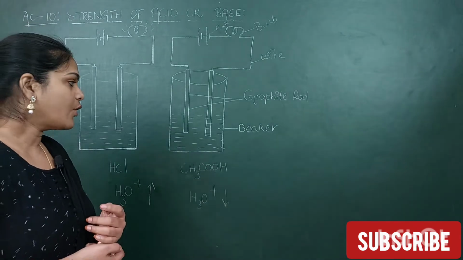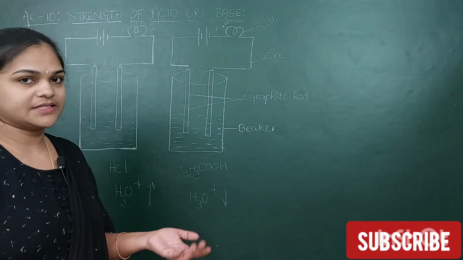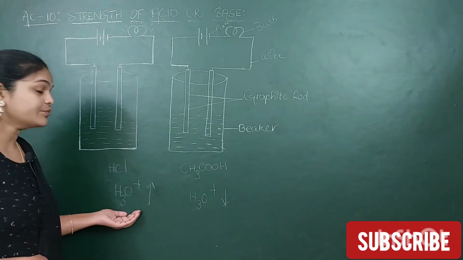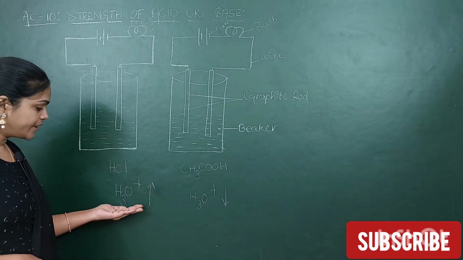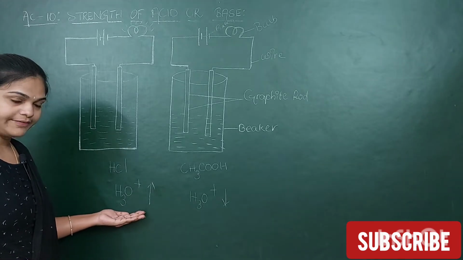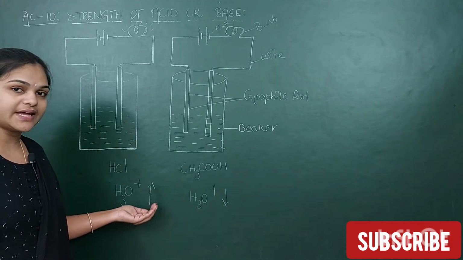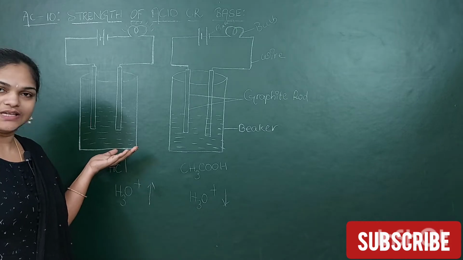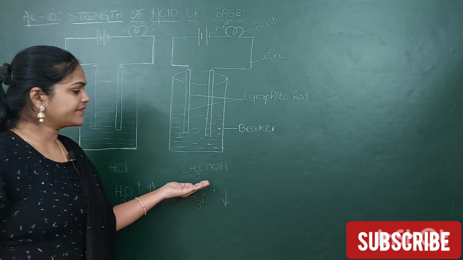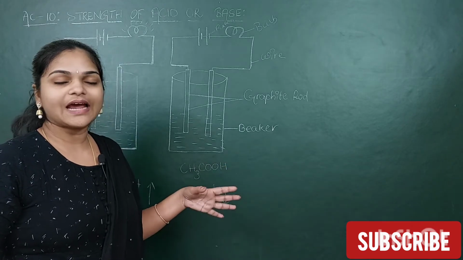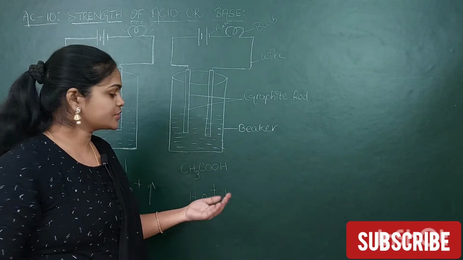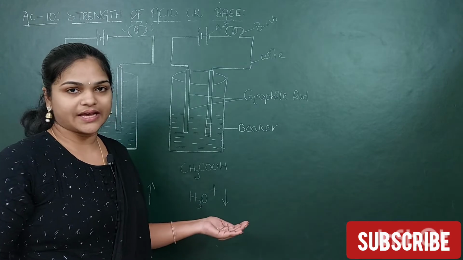How can we say the strength of these acids? Here we have more H3O plus ions, so we can say it is a strong acid. In acetic acid we have less H plus ions, so we can say it is a weak acid.